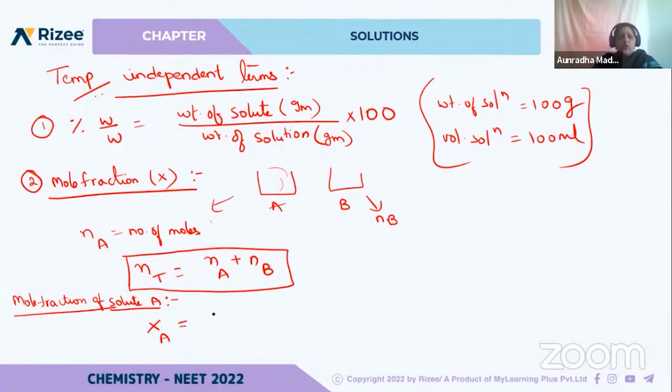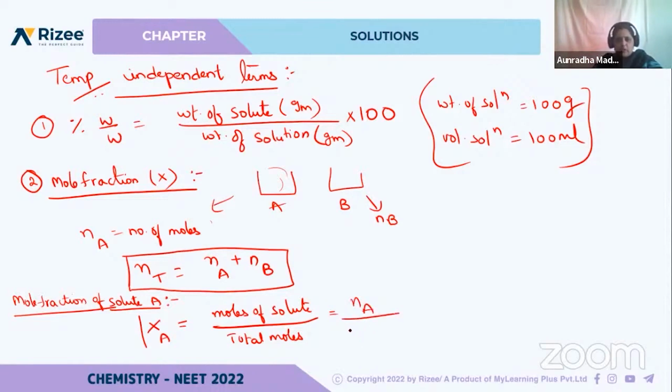XA is equal to moles of solute by total moles. This is the formula for mole fraction X. The number of moles of solute is Na, by the total number of moles, Na plus Nb. This is when we consider XA.